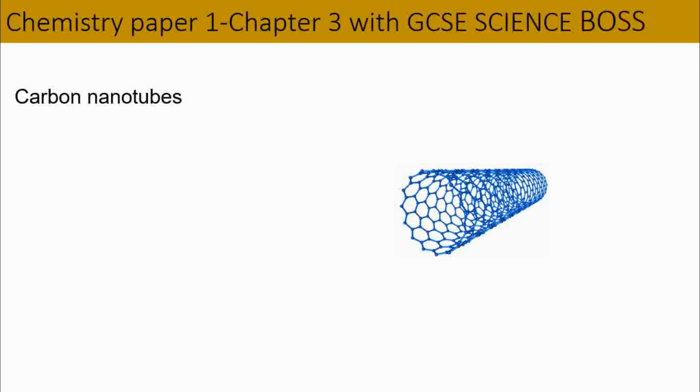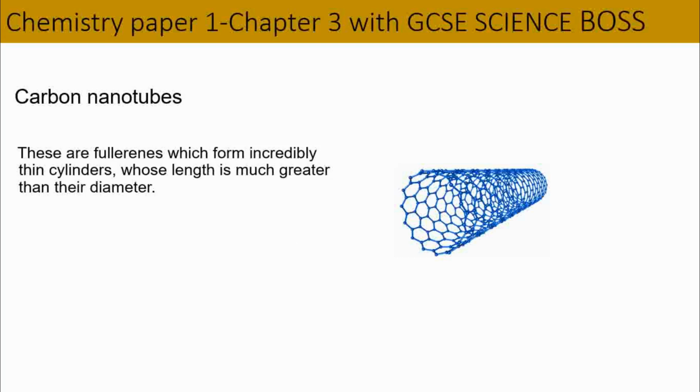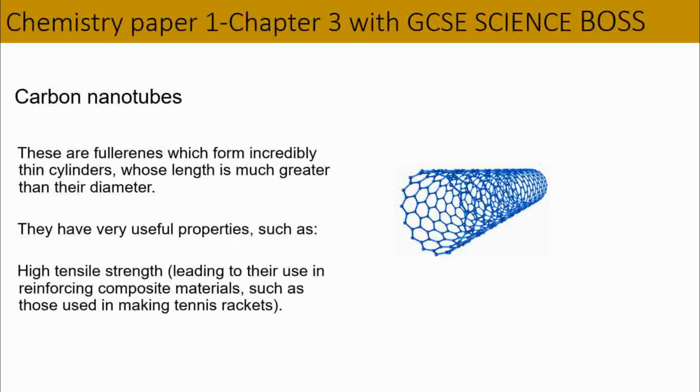Now, when you wrap that, it can then form carbon nanotubes. They're very thin cylinders, and their length is much greater than their diameter. They have very useful properties because of how strong they are. They can be used to make tennis rackets. They can be used for reinforcing composite materials, and they have excellent uses because of their high electrical and thermal conductivity.